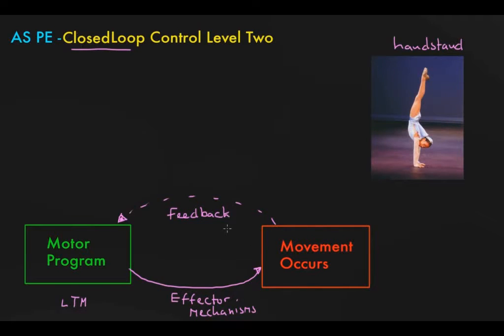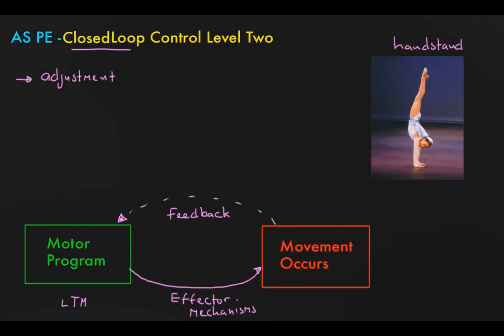That's what we mean by a closed loop. The feedback is occurring. In other words, it is possible to do some kind of adjustment during the movement.